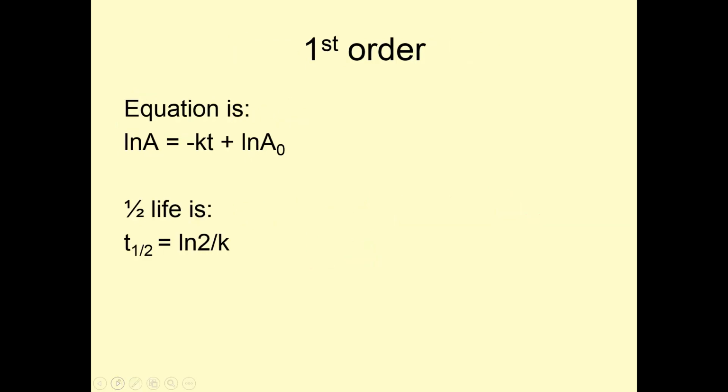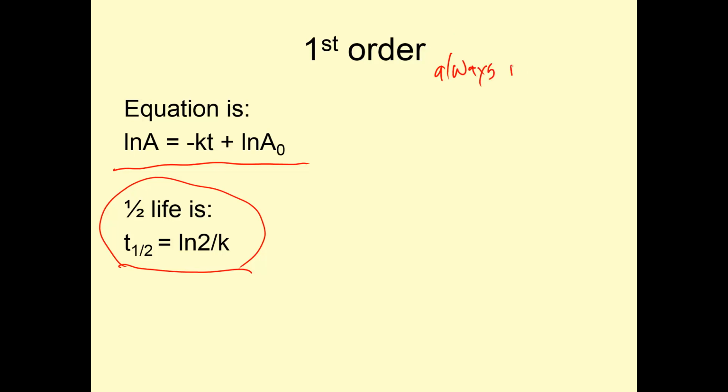So again, on that sheet I gave you yesterday, first order, ln A equals negative kt plus ln A naught, and then it shows you the half-life is ln2 over k. And you can derive that equation by playing with the algebra, or this one is used quite a bit. This is what nuclear, always nuclear, other things too.